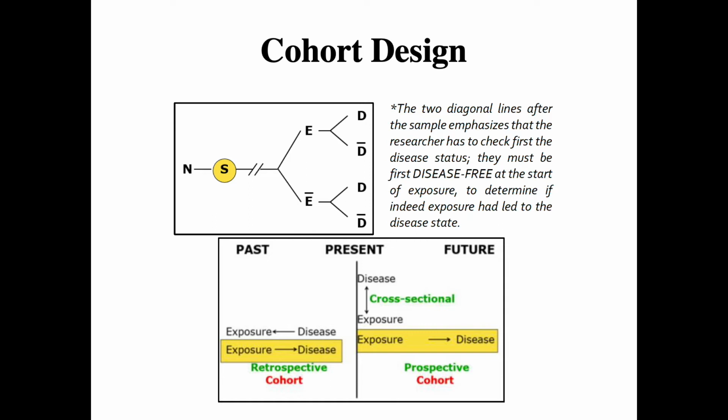So we often make use of cohort designs wherein we just observe the presence or absence of risk factors, which may or may not be randomly distributed in a particular population, and then we follow them over time or prospectively to see what their disease course would be.